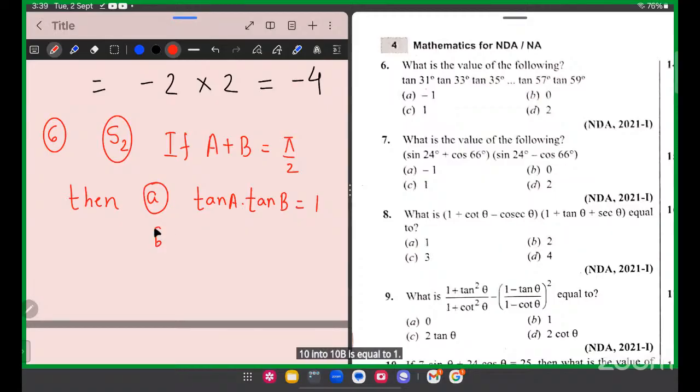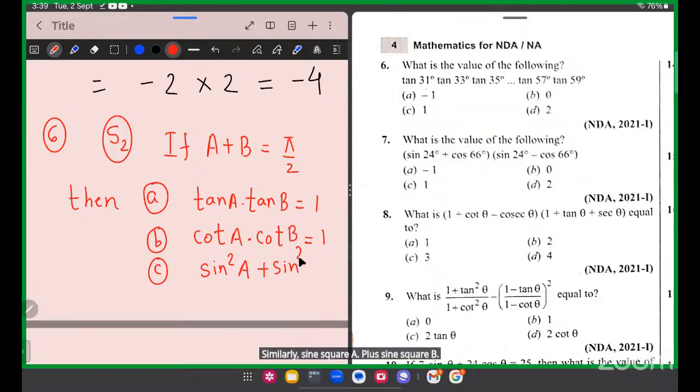In the same way, cot A into cot B is equal to 1. Similarly, sine square A plus sine square B again is equal to 1. And cos square A plus cos square B is also equal to 1.